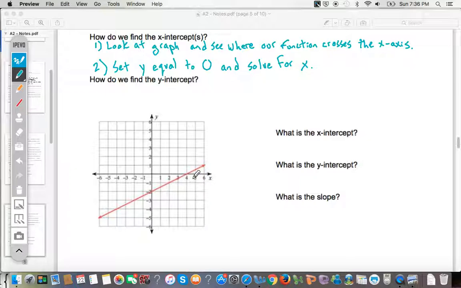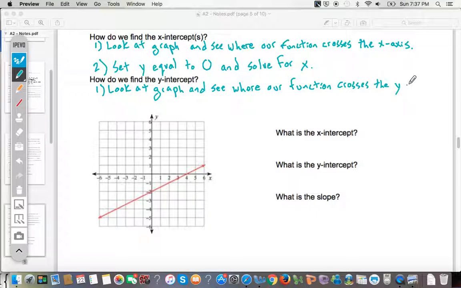Okay? So, how do we find the y-intercept? So one, we can look at the graph and see where our function crosses the y-axis.